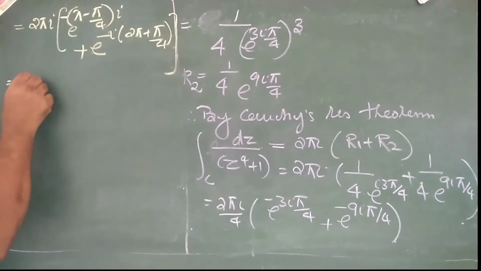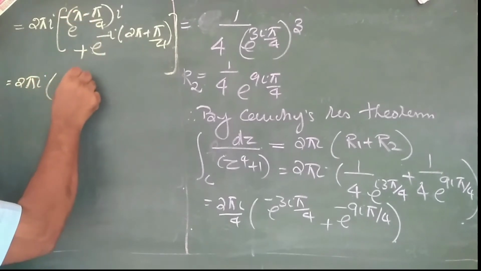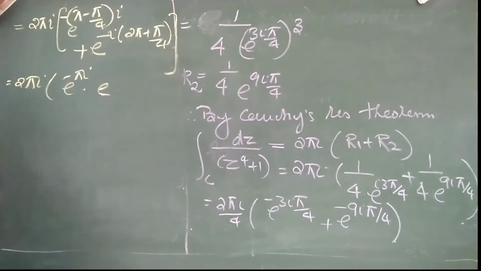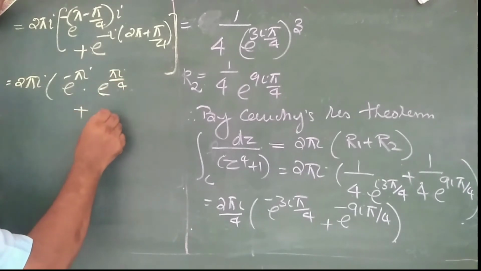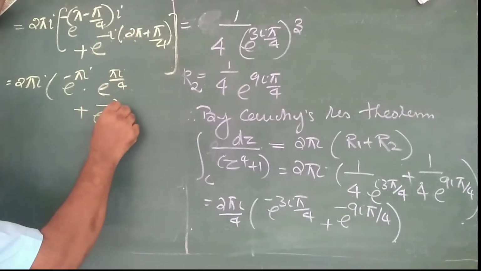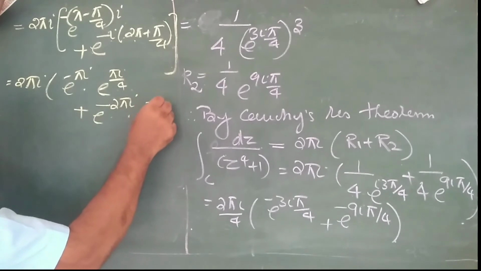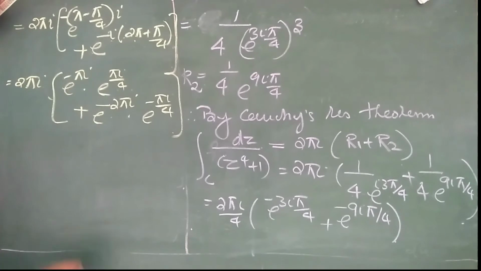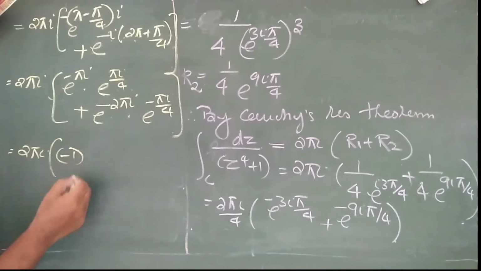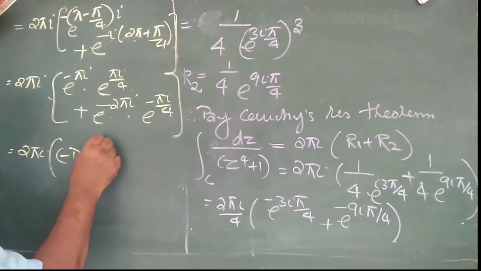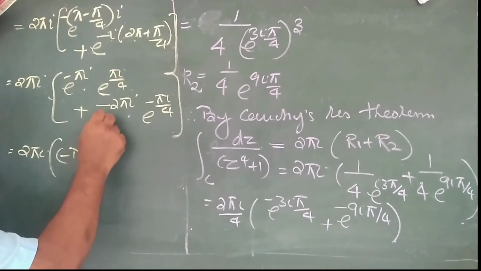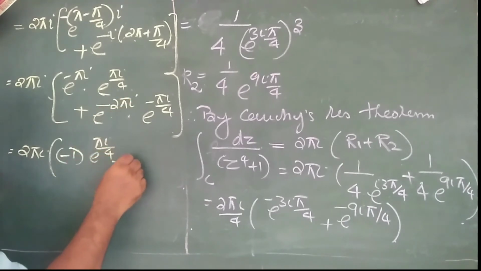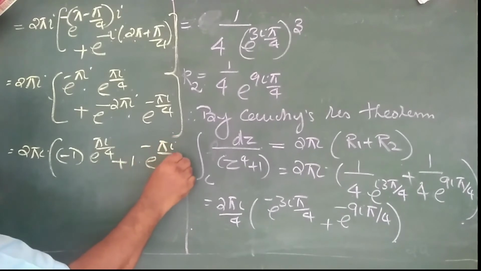That is 2 pi i into e raised to minus pi i into e raised to pi i by 4 plus e raised to minus 2 pi i into e raised to minus pi i by 4. So this is equal to 2 pi i into, e raised to minus pi i is equal to minus 1, times e raised to pi i by 4, plus e raised to minus 2 pi i is equal to 1, times e raised to minus pi i by 4.